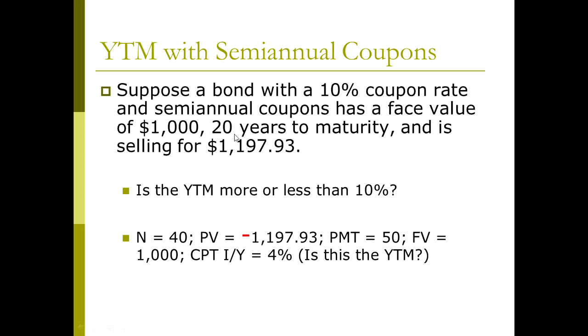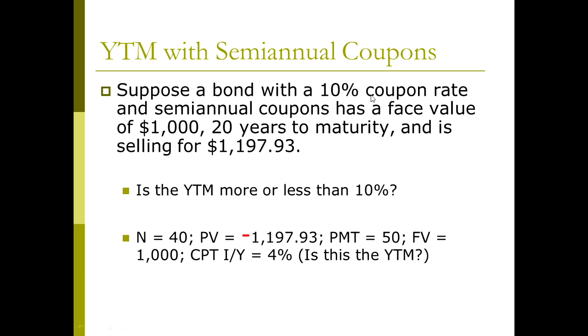But now the tricky part is semi-annual coupon payment. It means you have to adjust all the numbers in the units of every 6 months. 20 years means 40 six-month periods. Present value again is the price of the bond. It's a negative number because it's a cash payment.